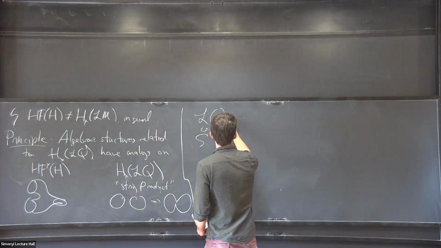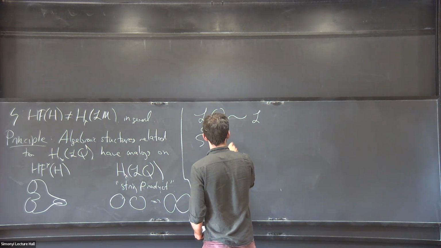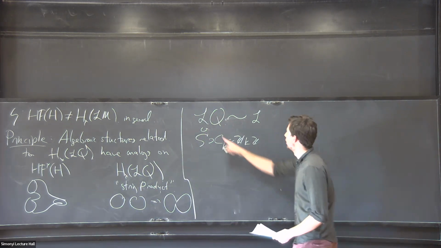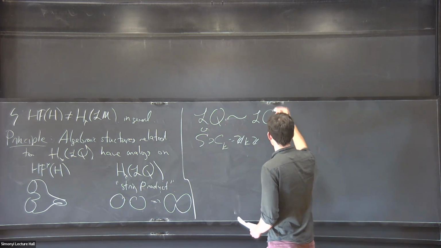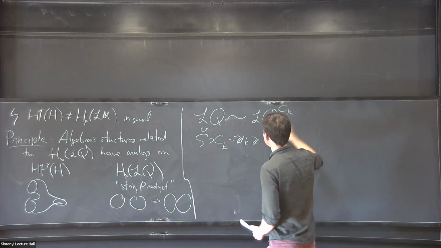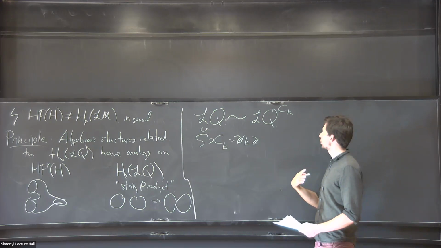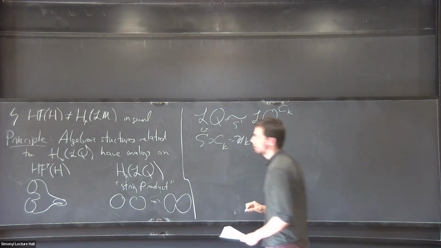Secondly, you can look at subgroups of S1, namely discrete subgroups. If you take a loop and send it to its p-fold cover, or its k-fold cover, then you identify the free loop space with the fixed points of this action inside itself, and it's kind of recursive. And this is an S1 equivariant homotopy equivalence.